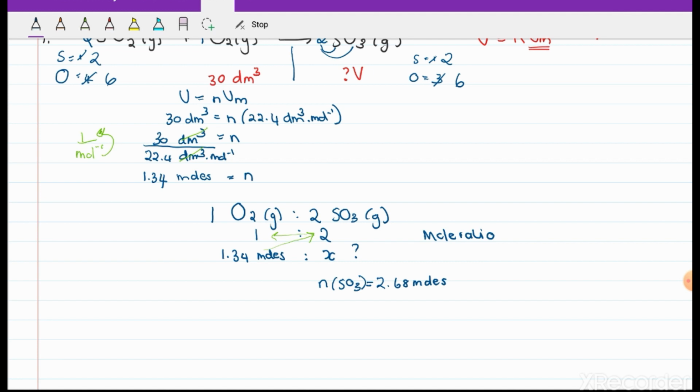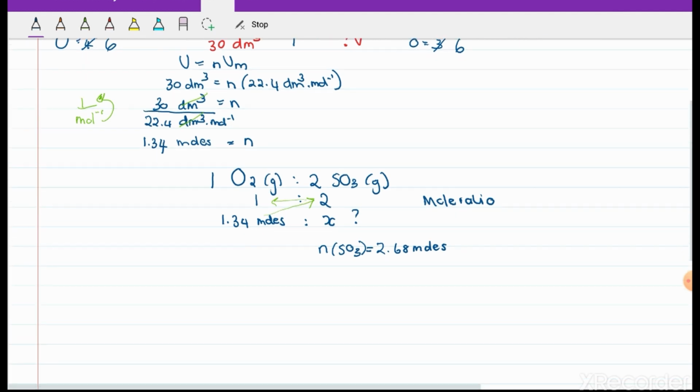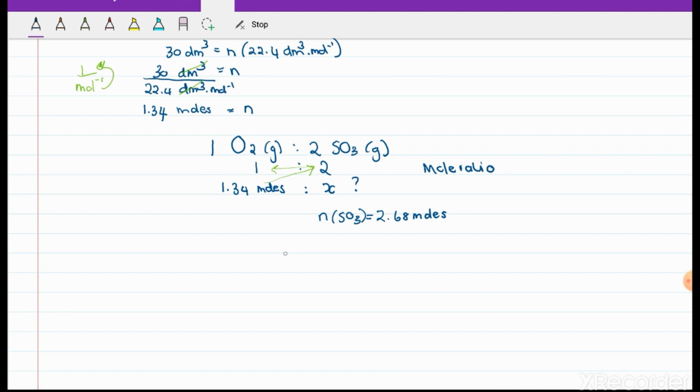But do you have the volume? No, and that is what you now need to go and calculate. So I'm going to use the same equation. The volume of SO3 equals the moles times the molar volume. So now you have the moles, and the molar volume is given as a constant. And you can even put in your units if you want to.